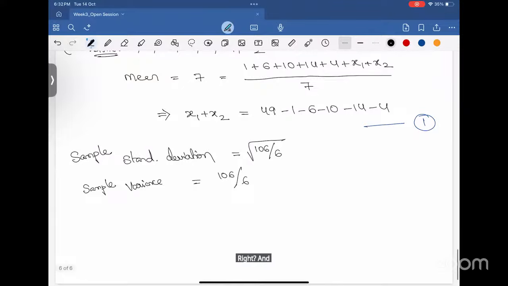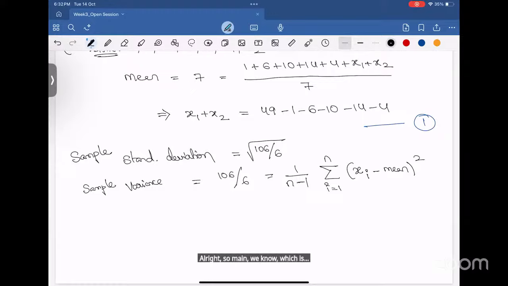Also I know the sample variance formula, which is 1 by n minus 1, summation i equals 1 to n, xi minus the mean, whole square. The mean we know is 7, and n we also know is 7.